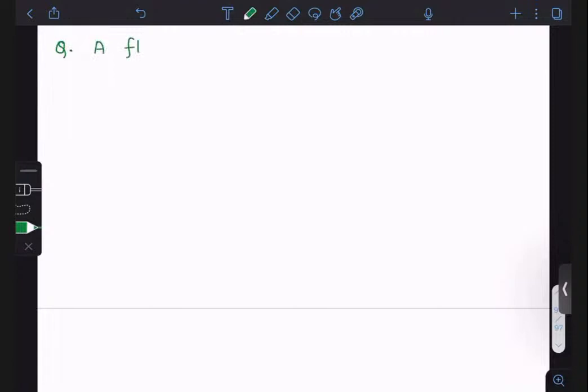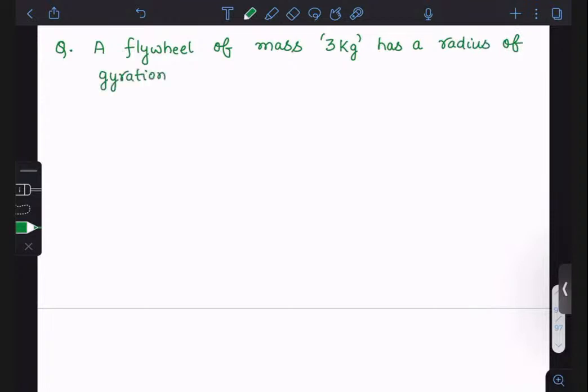A flywheel of mass 3 kg has a radius of gyration of 1.6 meter.